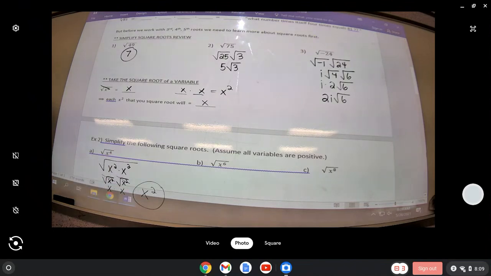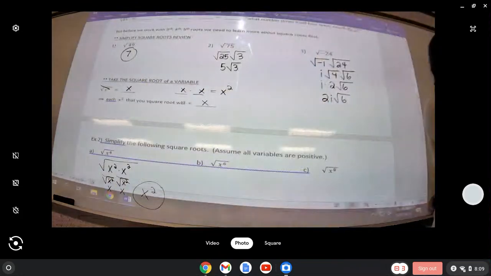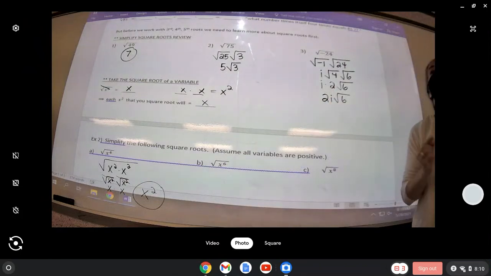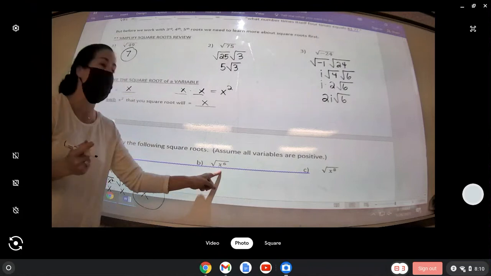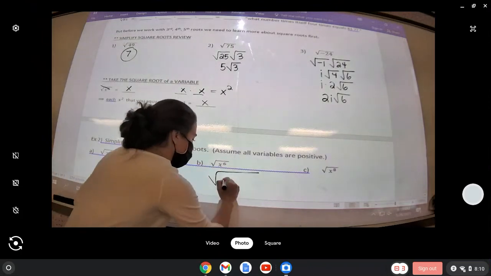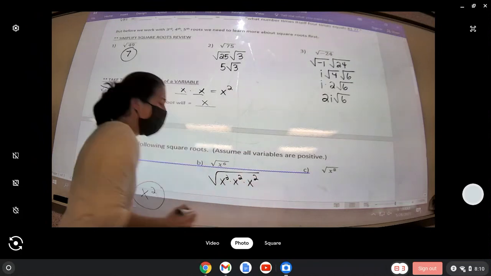All right, so think about that. Every x squared that lives inside of x to the fourth, we're going to be able to get an x from. We're going to be able to unsquare that. All right, so let's look at this one. The square root of x to the sixth, right? So how many x squareds can you make out of x to the sixth? Well, isn't that going to be x squared times x squared times x squared, right?